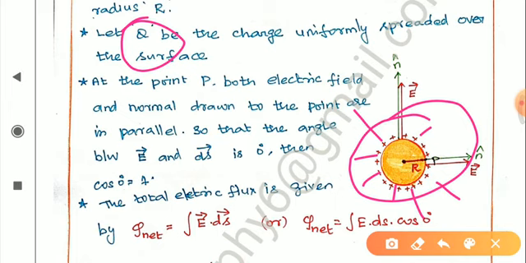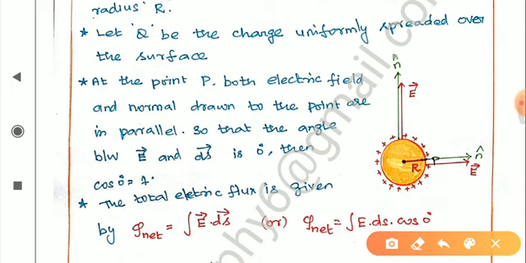Let Q be the charge uniformly spread over the surface. Now we are taking the point P on the surface of the sphere. What is the distance between the center and the point? That is nothing but capital R.